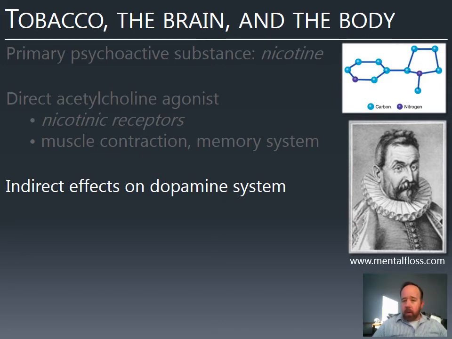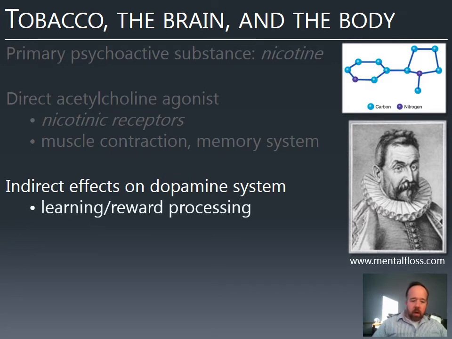It's involved in learning. Those two processes are linked. And so nicotine affects the dopamine system as well, and that's why it's thought that nicotine can be so addictive and so easily addictive. Because dopamine is involved in learning and reward processing, it's thought that's what triggers that addiction.